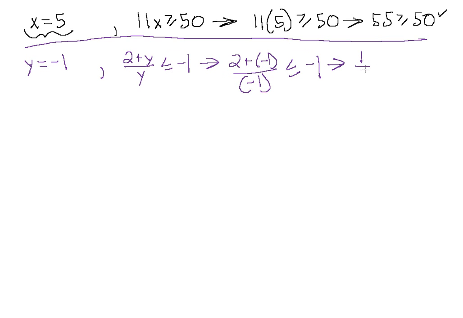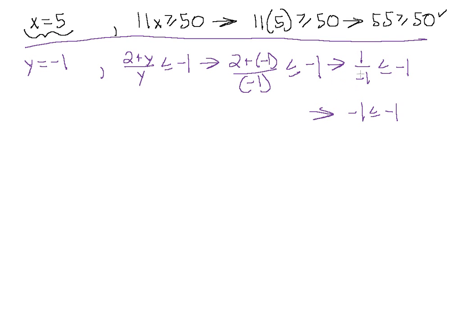So we have 1 divided by -1 is less than or equal to -1, which just gives us -1 is less than or equal to -1. Now notice we didn't have to flip the sign here. Even though we're getting division by a negative number, this isn't the same as dividing both sides by a negative number.